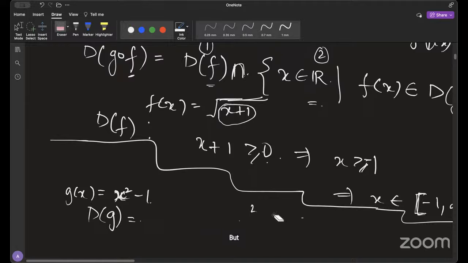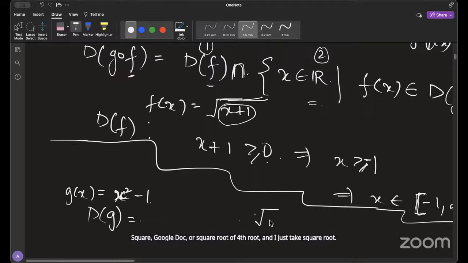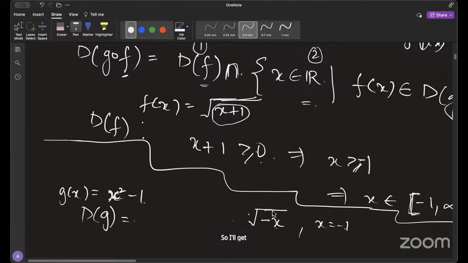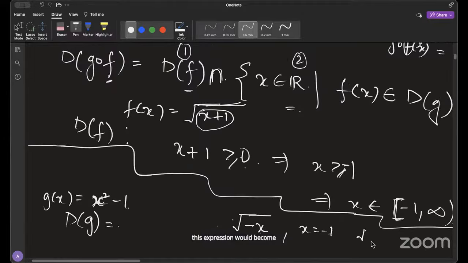But if you have something like, let's say, square root of minus x. Now if I put x equals -1 here, then it's fine, right? I can substitute x equals -1. This expression would become square root of 1, so this makes sense.